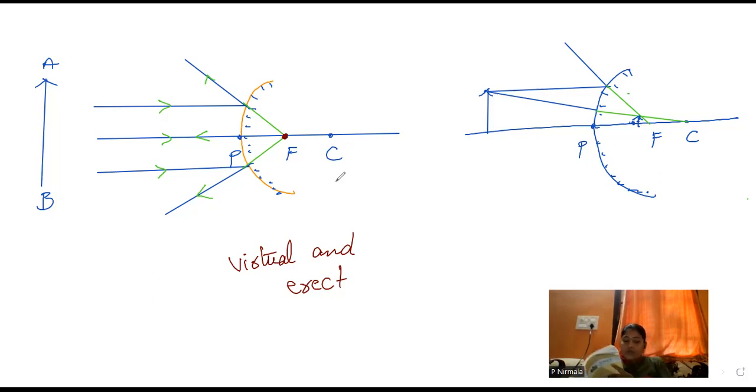So don't get confused: which side the light ray is incident on is what we consider for the type of mirror. The light is incident inside, like a bowl, though you are looking at this side.